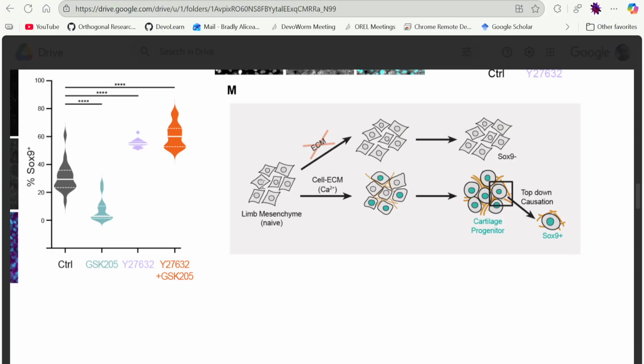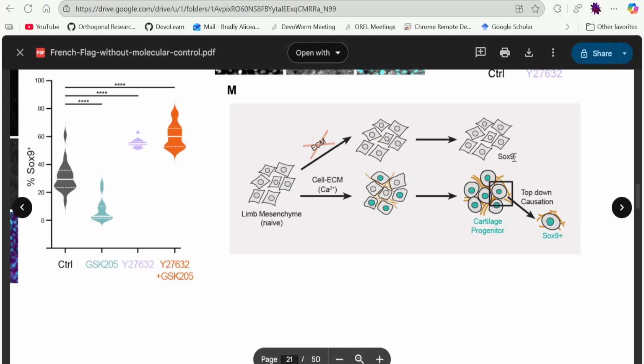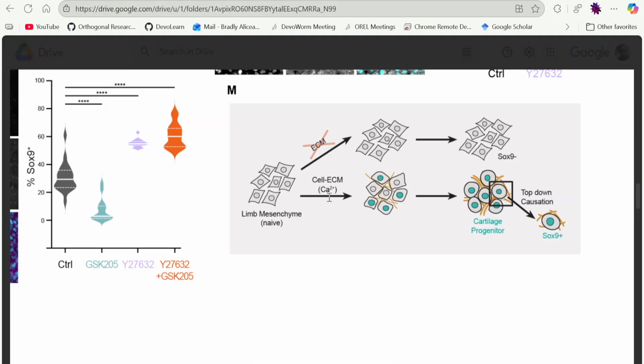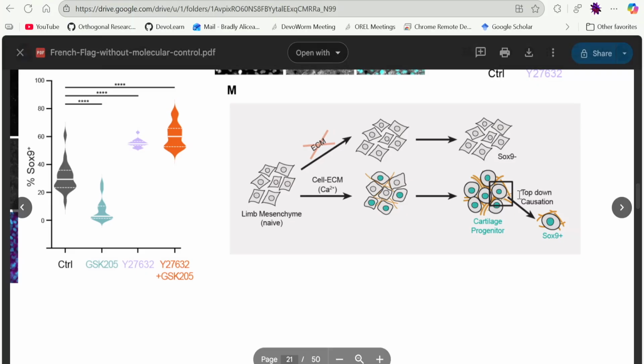We have then these other cells from the Lin mesenchyme that go down this other path, where when we block off this ECM, we end up with cells that are undifferentiated that are SOX9 negative. So that's basically what they're showing. SOX9 is sort of the driver of this process. And given the ECM, the presence of an extracellular matrix, and this calcium ion signaling, you either get these very specific cells, these cartilage cells with the SOX9 marker, or you don't.